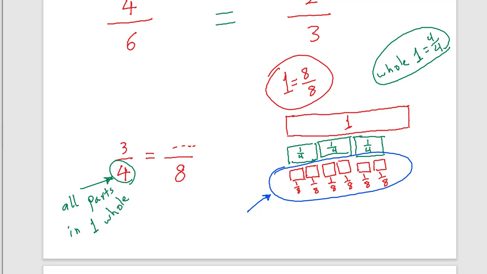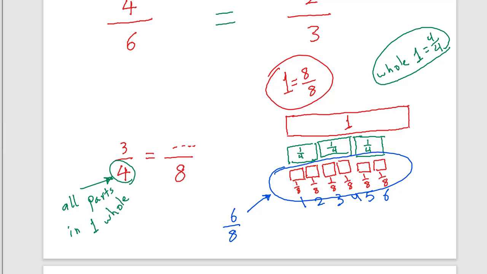Oh, count. 1, 2 8s, 3 8s, 4 8s, 5 8s, 6 8s. So these are 6 8s.